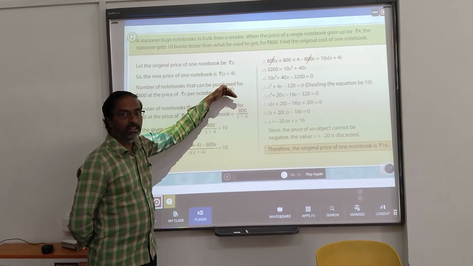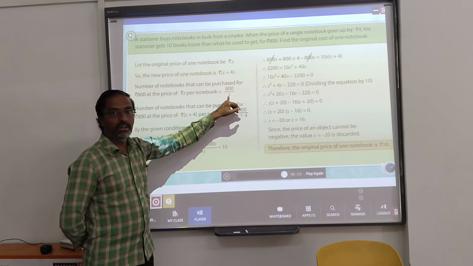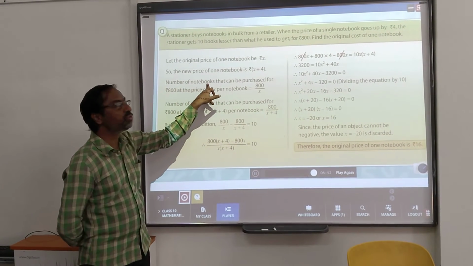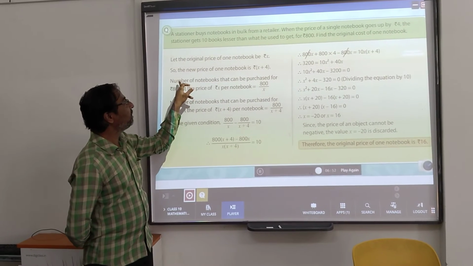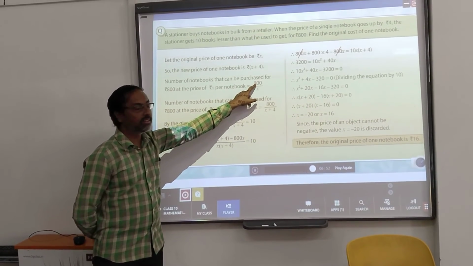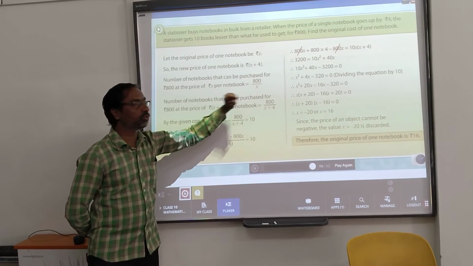So it is taken as 800 divided by x. If you divide the total amount by the price of one book, you will get the number of notebooks you have purchased. So the number of notebooks purchased is the total cost divided by the cost of each notebook.